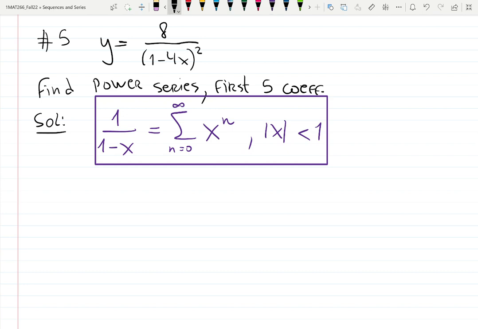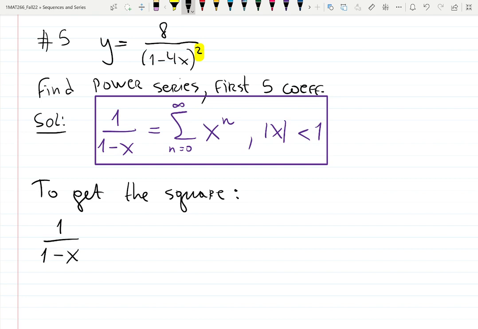So before proceeding, we notice the square part, and we're going to do this to get the square in the denominator. How to get from 1 over 1 minus x into 1 over 1 minus x squared?